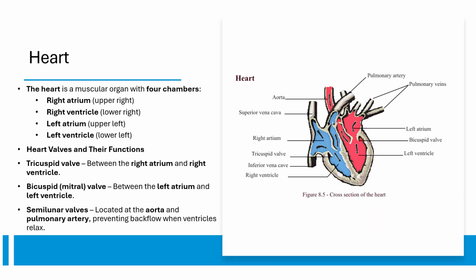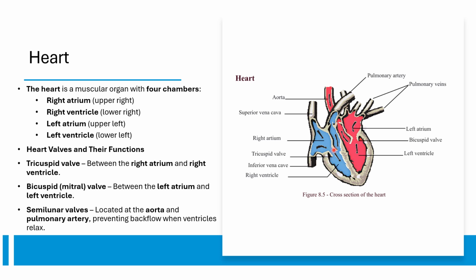Now let's look at one of the main components of the circulatory system, which is the heart. The heart is a muscular organ and it has four chambers: the right atrium, the right ventricle, the left atrium and the left ventricle. There are also heart valves and they perform certain functions.